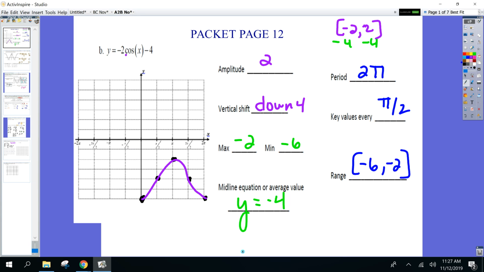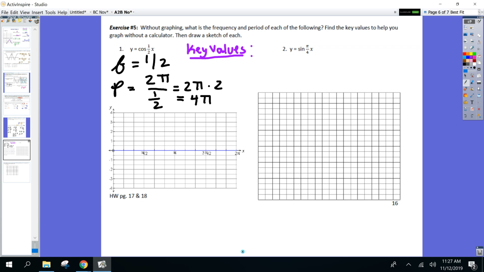Every pi over 2, not anymore, because I got to stretch the graph out. So how do I determine where the key values are going to be? Well, don't I break it up every 4? Right? 1, 2, 3, 4. I break it up into even parts of 4. So you are going to take the period, which for us was what? 4 pi, and divide it up into equal parts of 4. All right, so we're going to have 4 pi divided by 4, and that'll give me what?